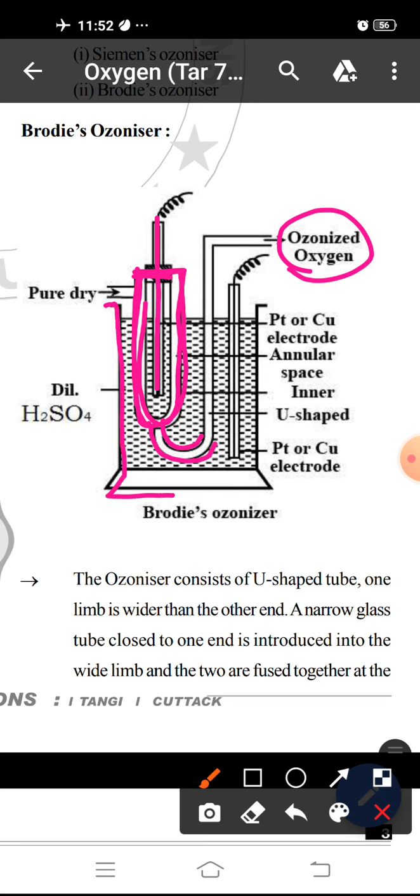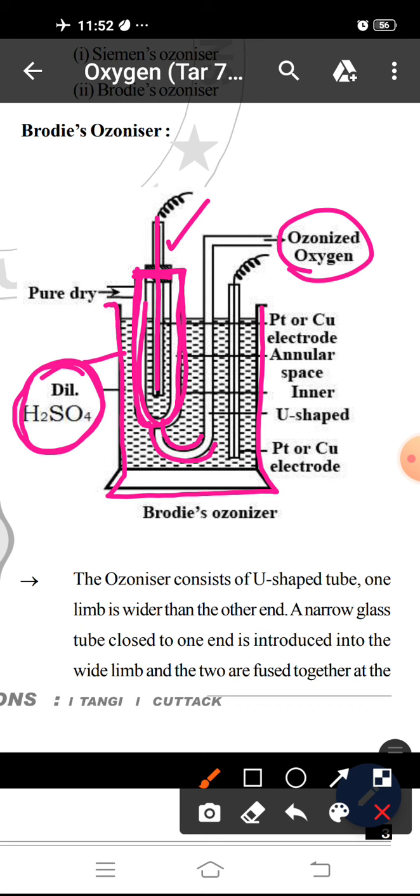The whole apparatus is then transferred to a gas jar. Then the inner side of the inner tube and the whole gas jar are filled with dilute H2SO4 solution. After that, two platinum electrodes are taken.